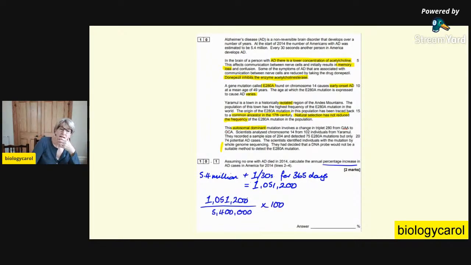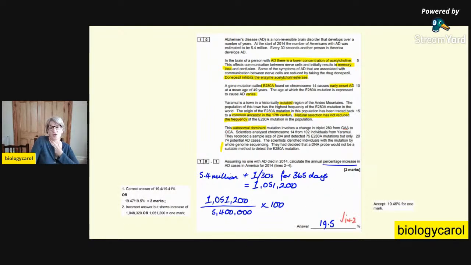So here is the calculation, and that ends up being, and I now can't read that, is it 19.5? I can't, yeah, 19.5%. So I got the 2 marks. Notice that the answer on the calculator was 19.4666, I think, therefore the correct rounding was absolutely going to be 19.47.